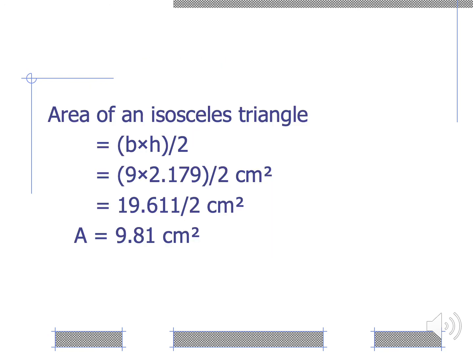And now you can find the area, so that's 9 times 2.179, which was unknown and resolved, then divide by 2, or that is 19.611 over 2, or that's 9.81.